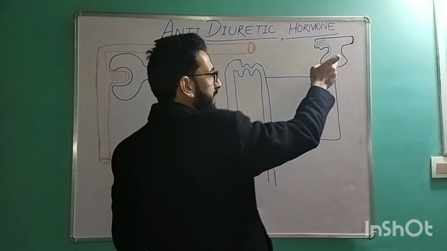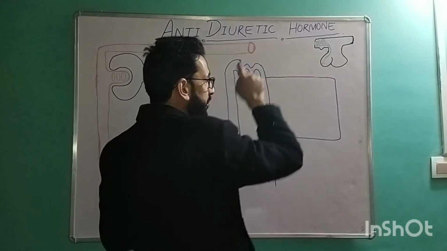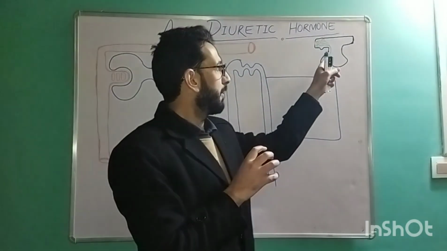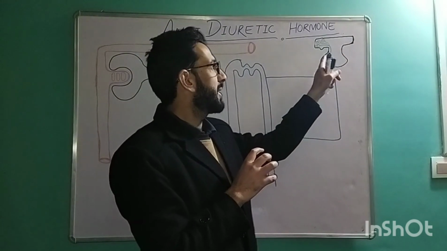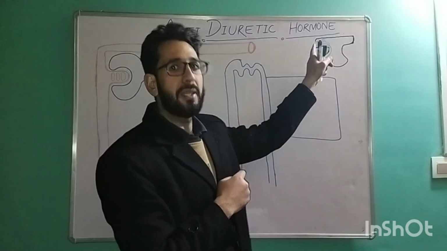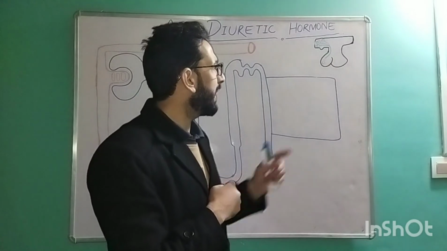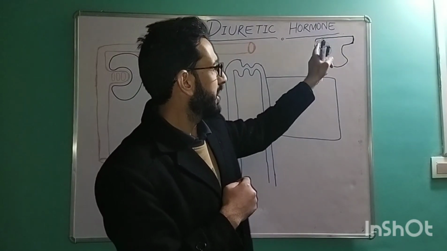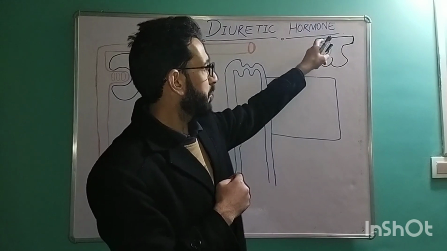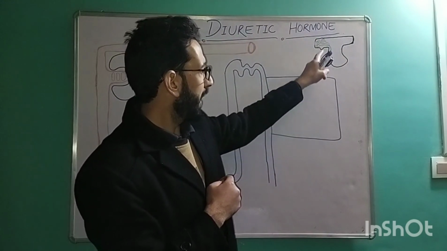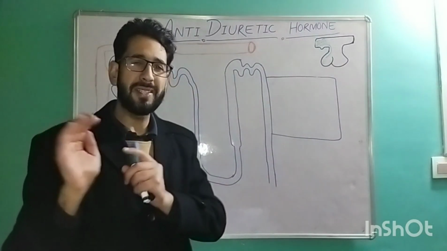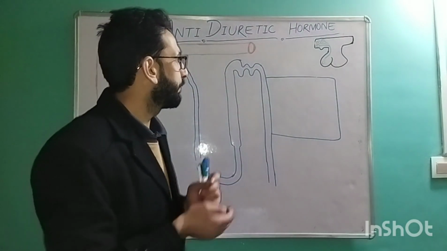Both the antidiuretic hormone and the oxytocin, which are secreted from the posterior pituitary, are actually synthesized in the hypothalamus. Once they are synthesized in these cell bodies, those hormones are transported down the axon and stored here in the axon terminal. We have seen that in our previous class.